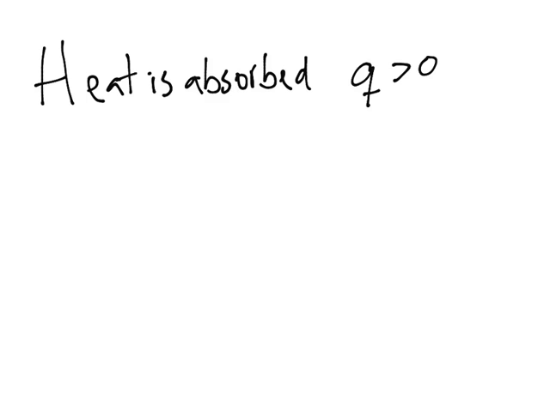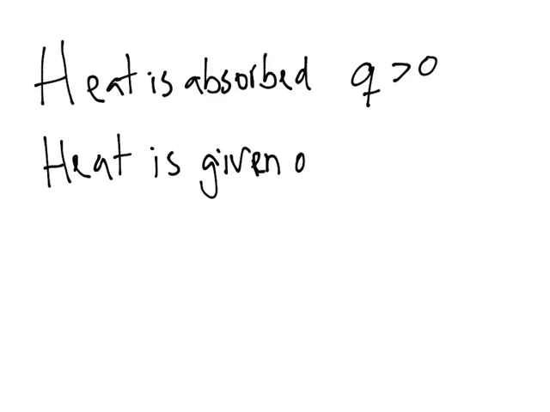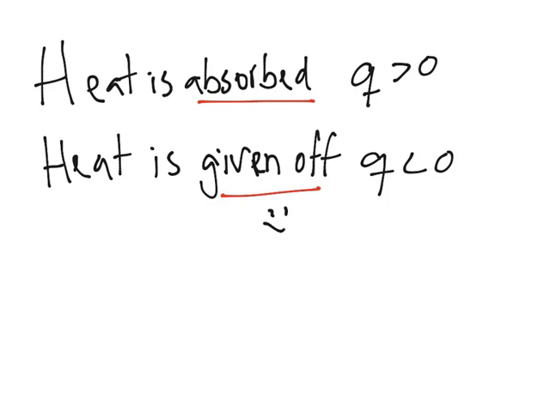Well, when you read that heat is exerted or given off by the system, so heat is given off or released, there are many words for it, the Q will be negative, because we are studying the system, and the system is releasing the heat, so it's losing heat, making it negative. So keyword absorbed, given off, or released. And well, those two values represent the heat, so our Q.